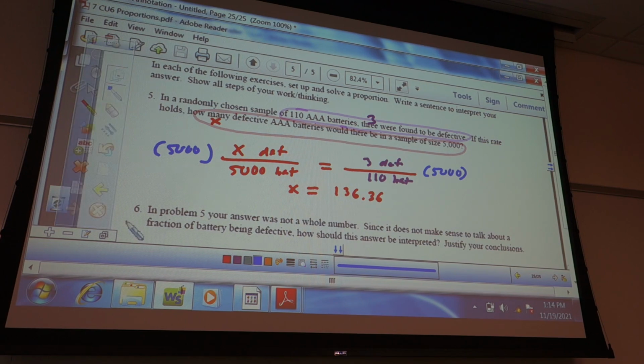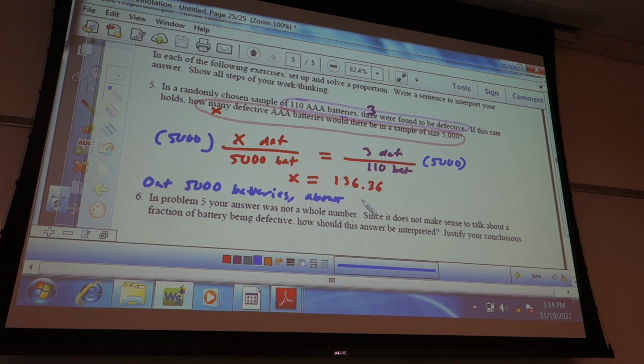Dave, what'd you say? Out of 5,000 randomly chosen batteries, about 136.36 batteries are defective.